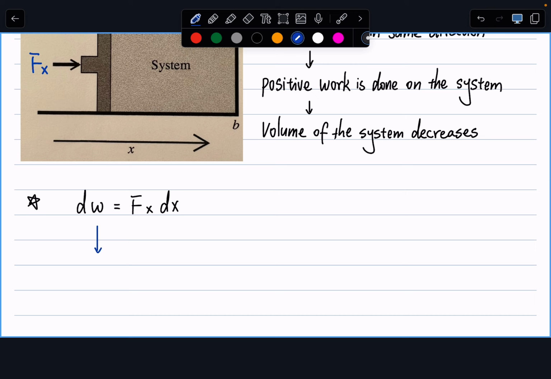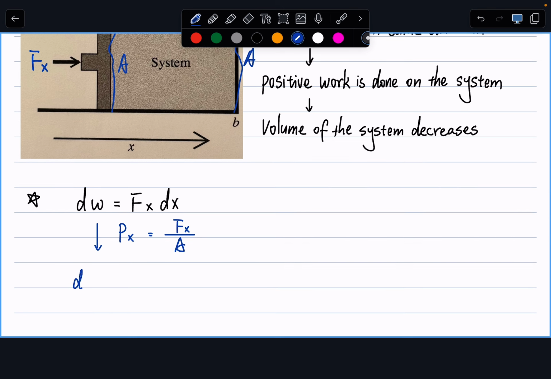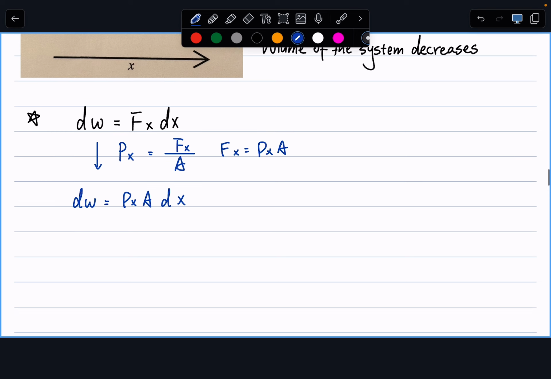We know that pressure Px in the direction equals Fx divided by area, where this is the overall area A. So we can rewrite Fx equals Px A, and dW equals Px A dx. Since the change of volume dV equals minus A dx, when dx is moving to the right, the volume decreases.